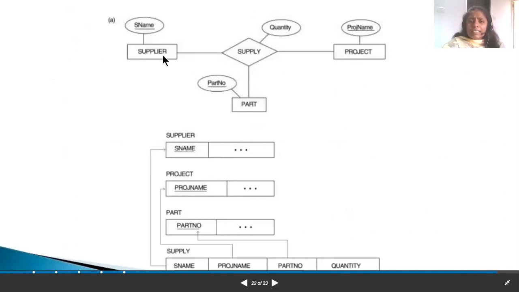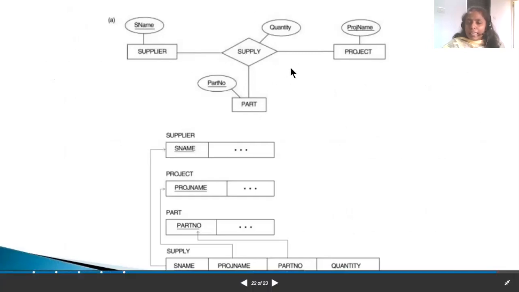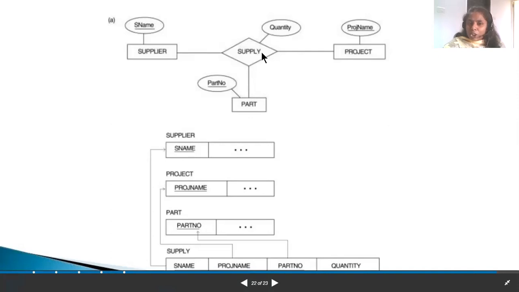Supplier, project, and part are the entities, and you can see that one relationship involving more than 2 entities exists between these, correct? While converting itself, we will get 3 tables or 3 relations: one is supplier, one is part, one is project. Upon that, for this n-ary relationship, a relation is available.